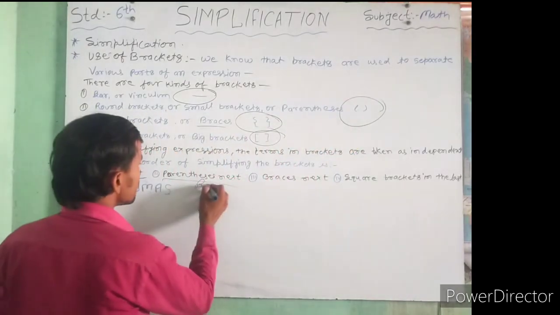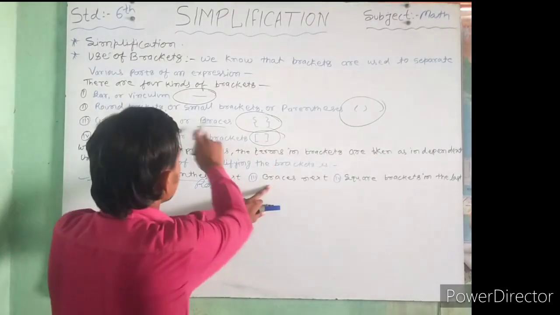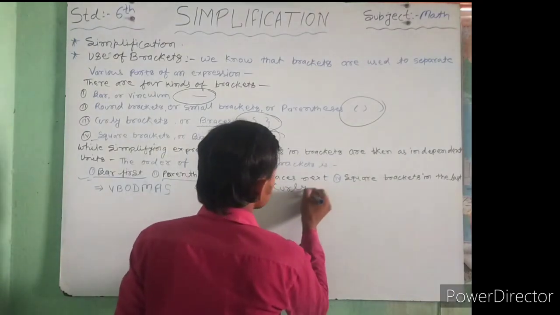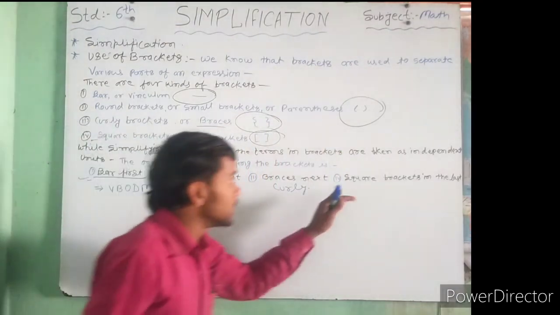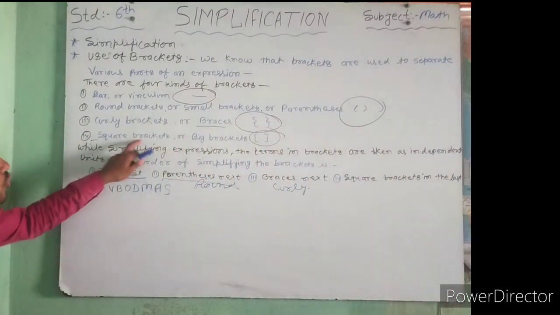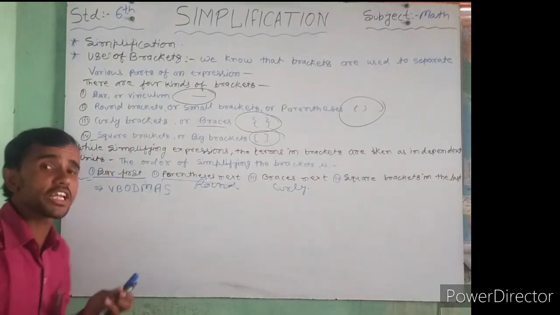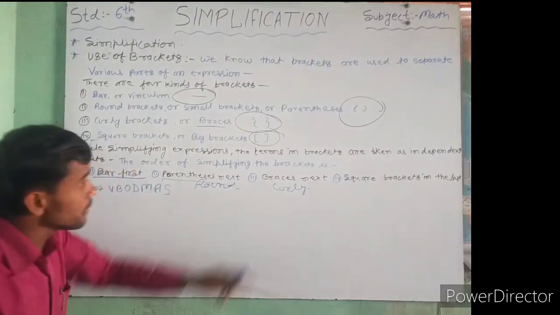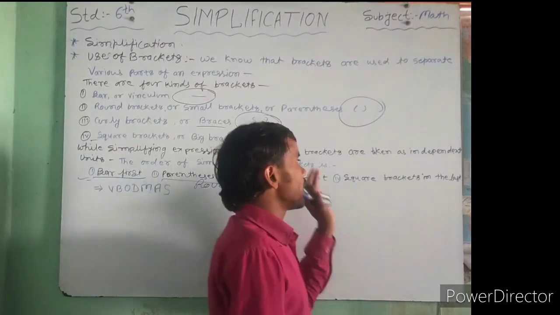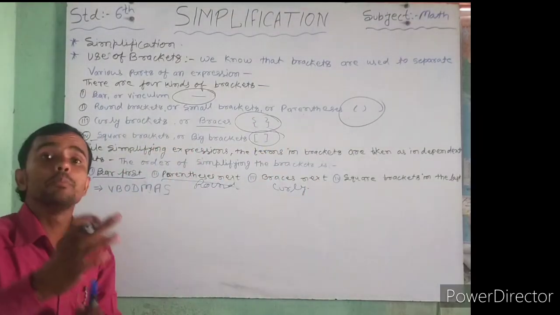Third is braces, which means curly brackets. And the last one is the square bracket, which means big brackets. So first the bar, second the round bracket, third the curly bracket, and last the square bracket, the big bracket.